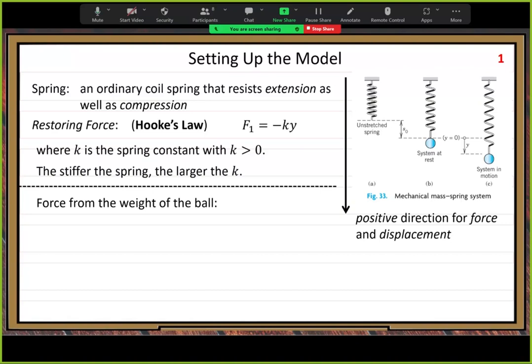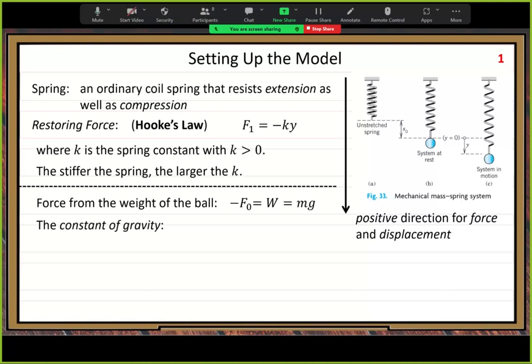So that force, we use negative F0 equals m times g, the mass times g, the gravity constant, in the opposite direction.